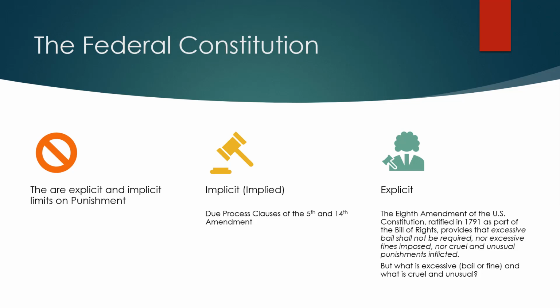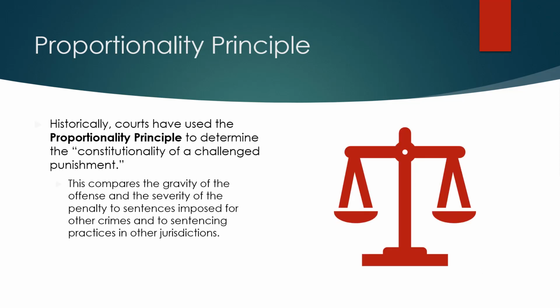All right, another thing that kind of shapes our view, and I had mentioned this before, is proportionality. We have the proportionality principle. You can compare the gravity of the offense, how serious it is. Was it a rape? Was it a murder? Or was it jaywalking? Did you steal an ice cream cone? And what is the severity of the punishment? So there should be some relationship between those two.